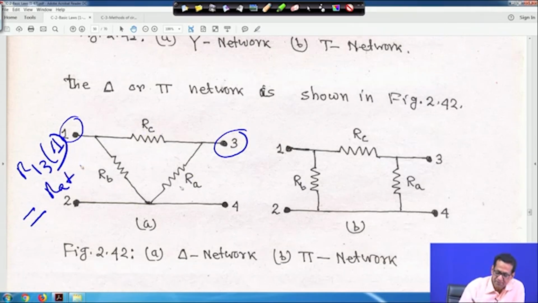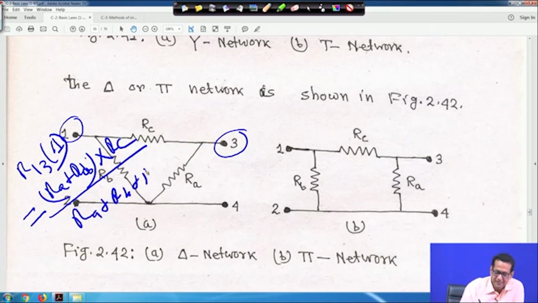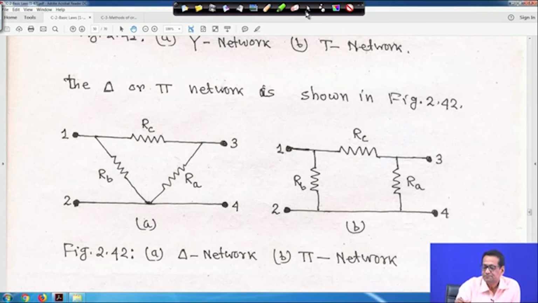That means RA plus RB into RC divided by RA plus RB plus RC, because when you take 1 3, RB and RA are in series. So R13 delta will be equal to RA plus RB into RC divided by RA plus RB plus RC.